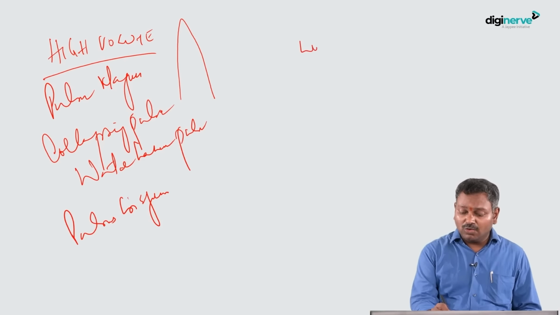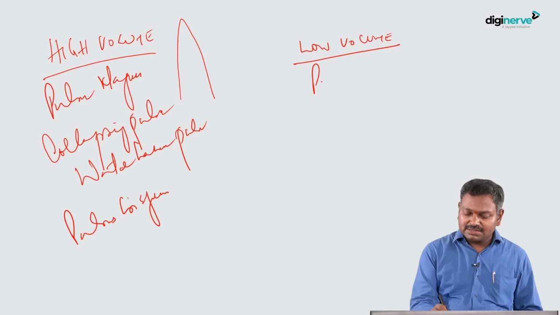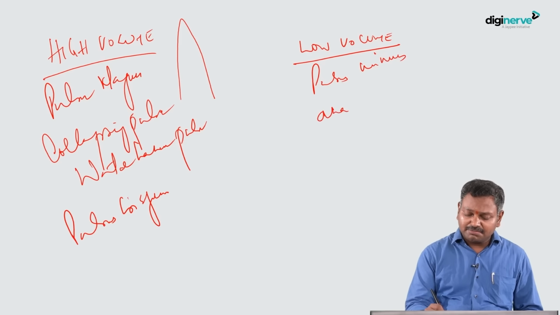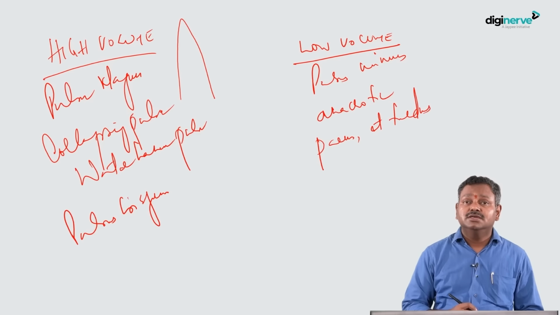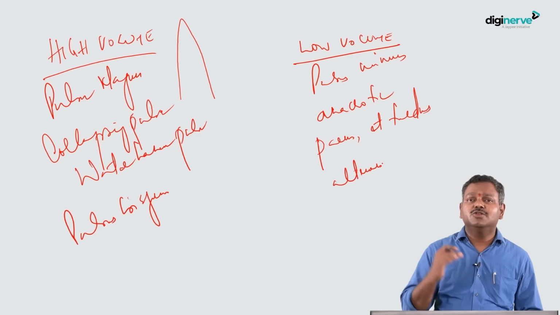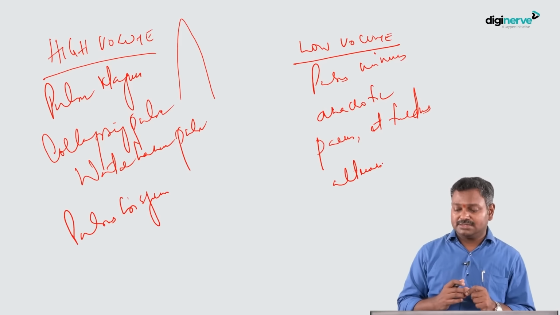Now, when we check the low volume pulse, otherwise called the pulsus minimus, you could get the anacrotic pulse which we see in aortic stenosis, the pulsus parvus et tardus, again we see it in aortic stenosis. You can also get the pulsus alternans, the alternating wave, which is low volume. So, the low volume or high volume can get you certain characters of the pulse.